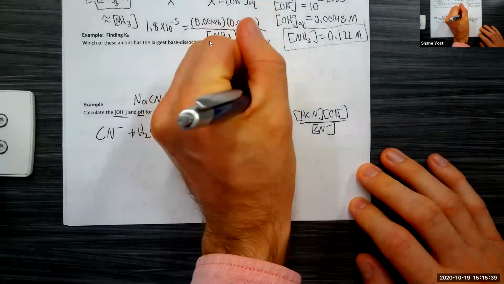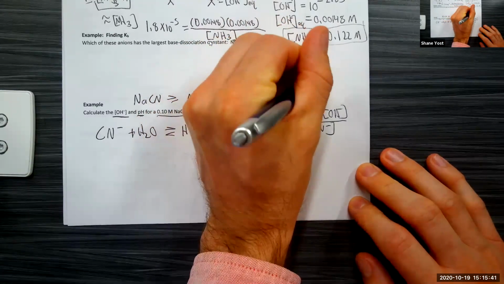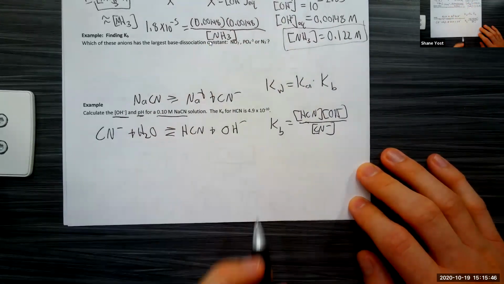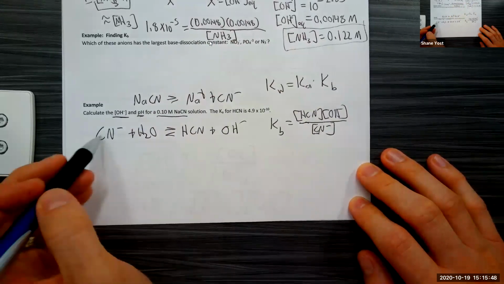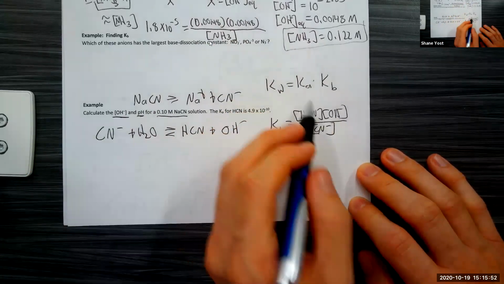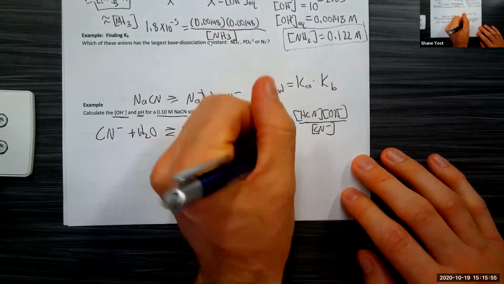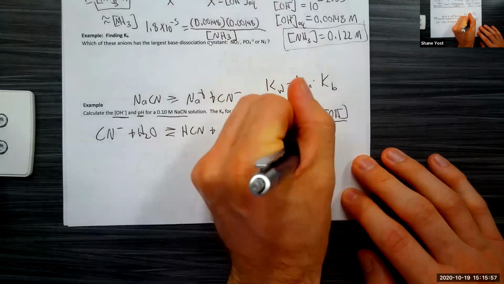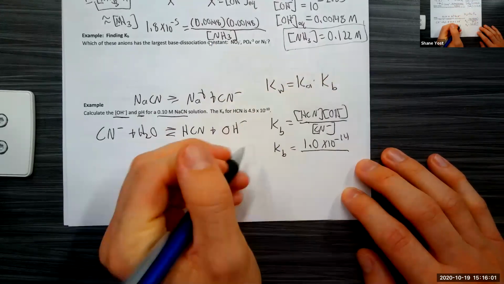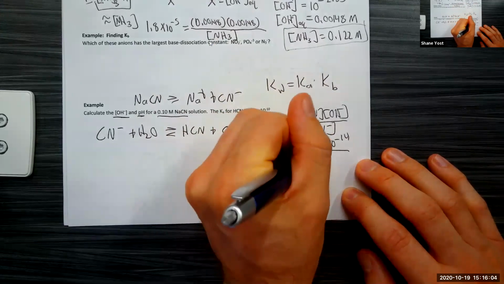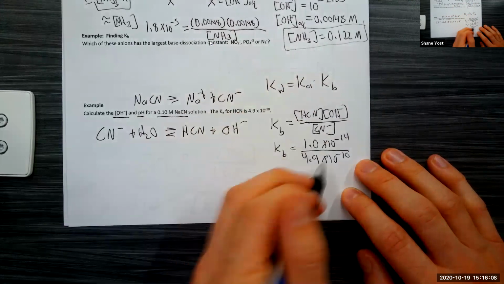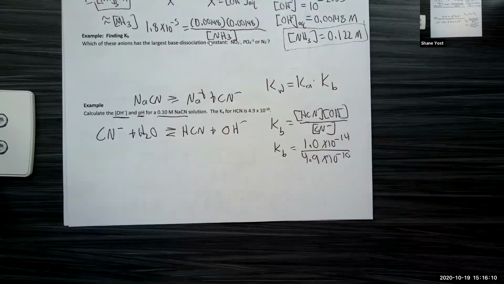Kw equals Ka times Kb for a conjugate acid-base pair. HCN and CN minus are conjugate acid-base pairs, so I can calculate Kb by taking Kw divided by Ka. Kb is equal to 1.0 times 10 to the minus 14 divided by 4.9 times 10 to the minus 10. That is the numerical value of Kb.